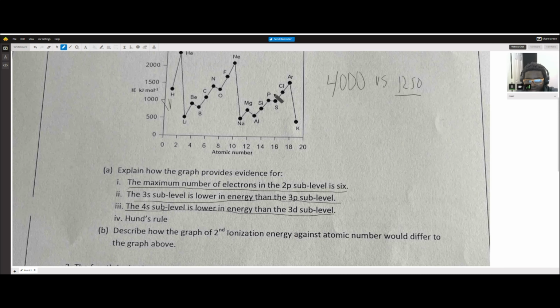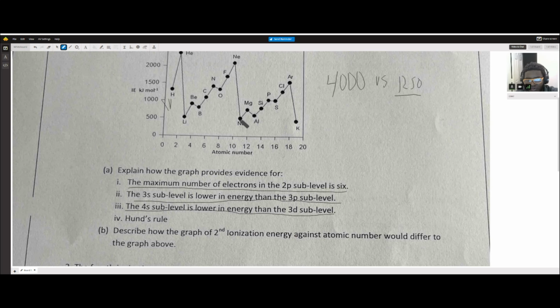And you may be wondering why this is like this. It's two reasons. One, there's a lot fewer electrons inside this subshell, which means there's a lot less repulsion in the subshell. Also, it's closer to the nucleus. The nucleus stabilizes these negative charges because they're attracted to the positive charge.